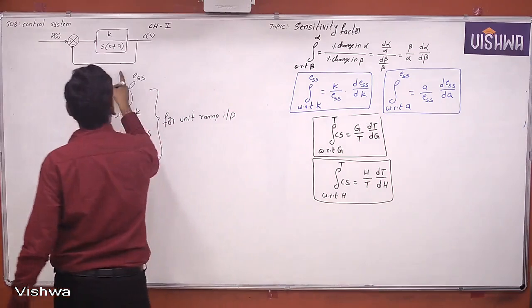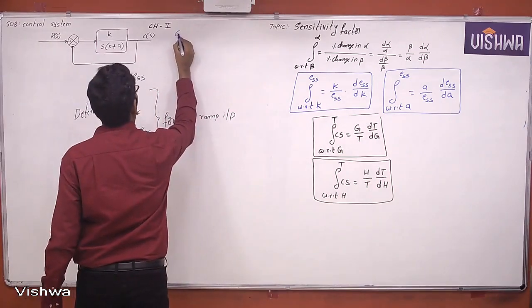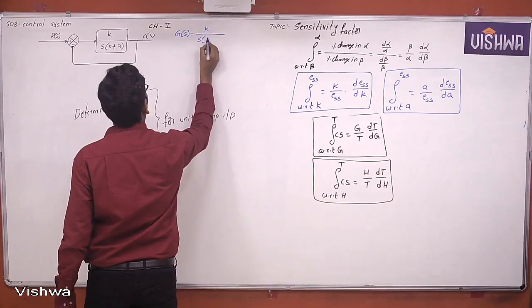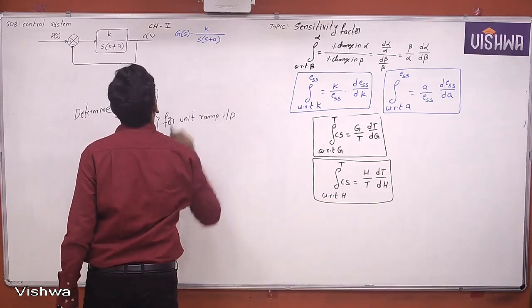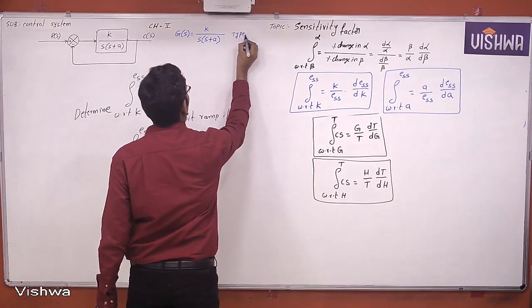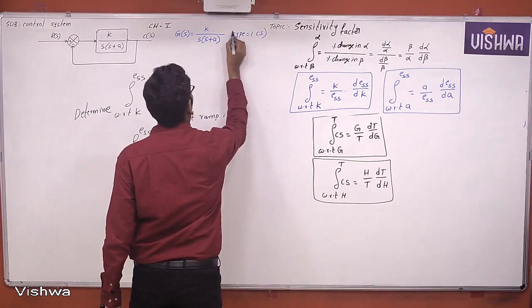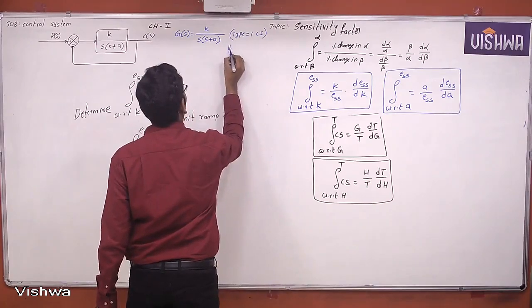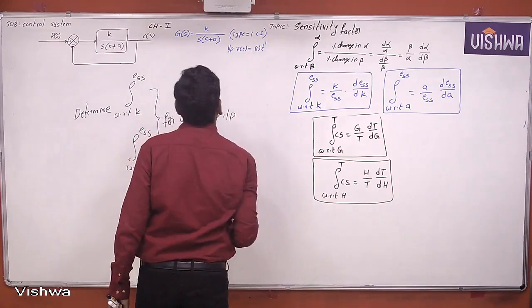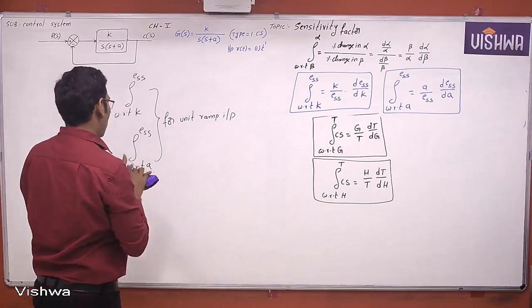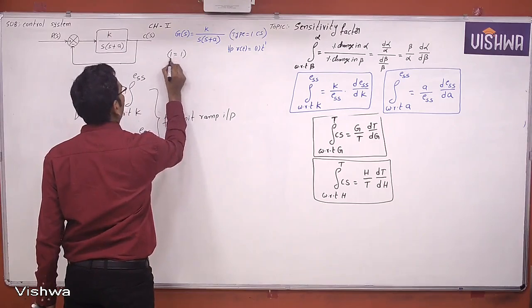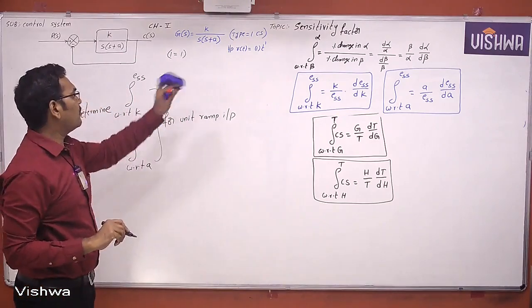So this is the open loop transfer function. Now this is G of s, which is equal to k by s into s plus a. This is a type 1 control system. Now, which input? The input is a unit ramp input, t power 1. So type and power are both the same: type is 1, power is 1.